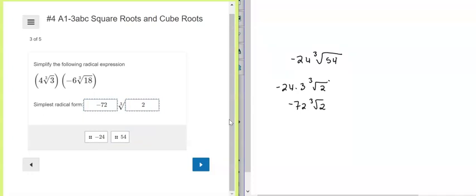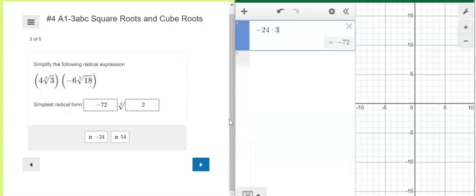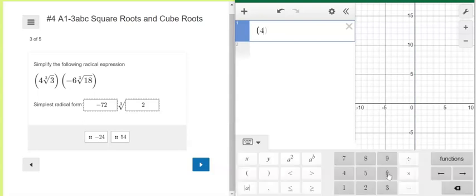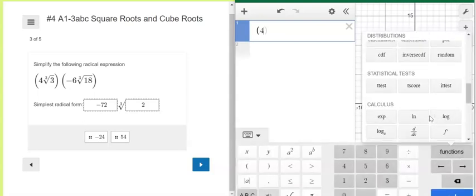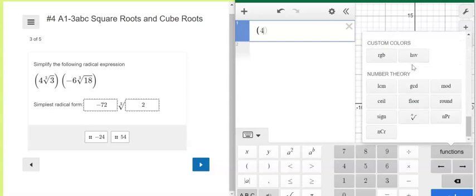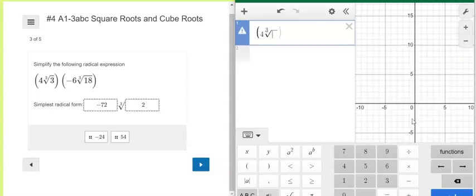Yeah, let's go ahead and check this answer in Desmos. I want to make sure that we're thorough with this. 4 cube root. I wish there was an easier way to put cube root in Desmos. That times negative 6.